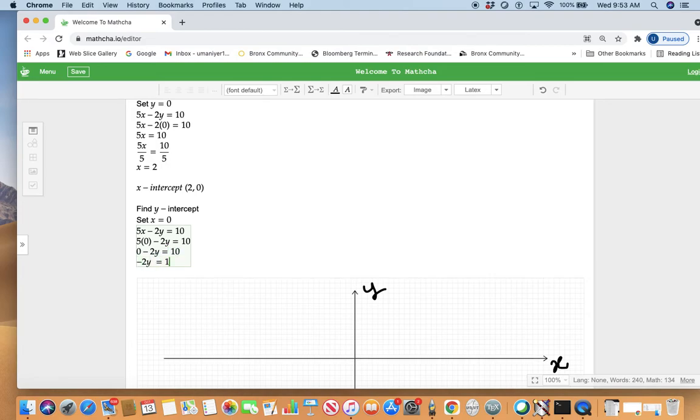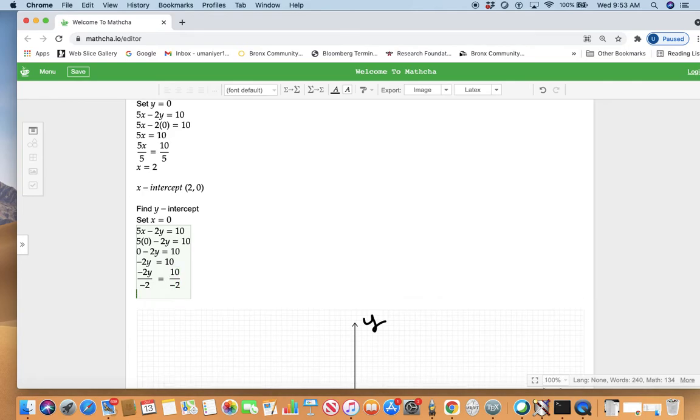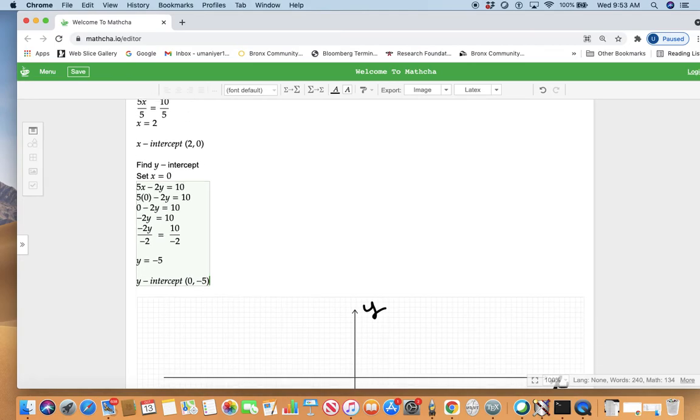Negative 2y is 10. You divide both sides by negative 2 to cancel. Y equals positive over negative is negative, 10 over 2 is 5. So you have your y-intercept 0, -5.